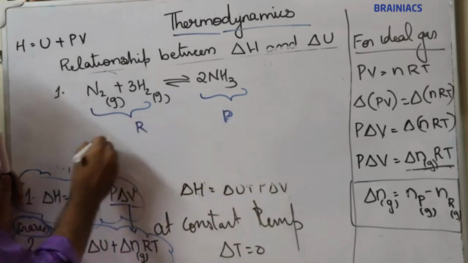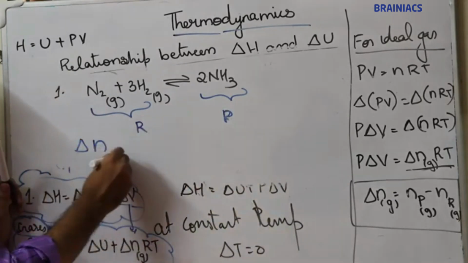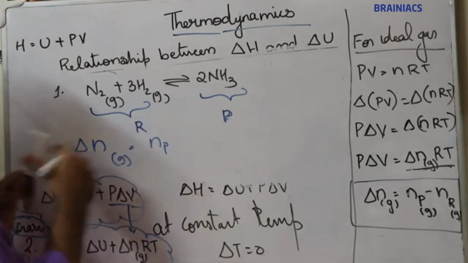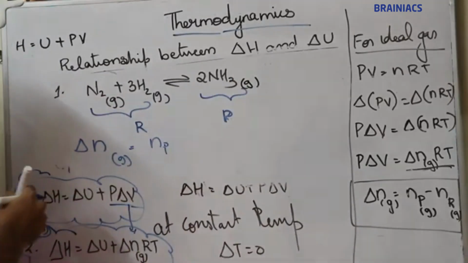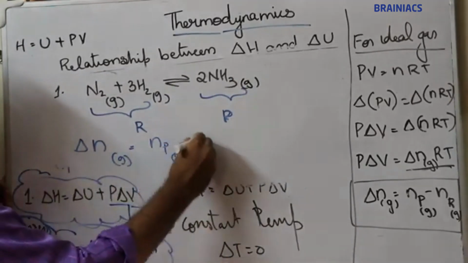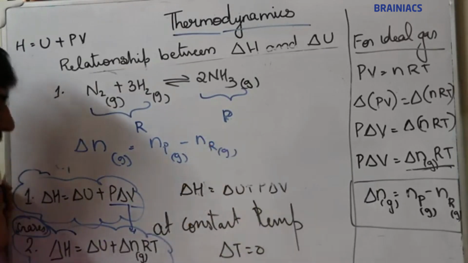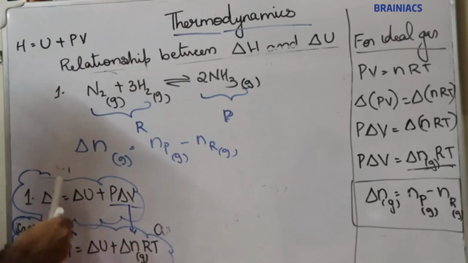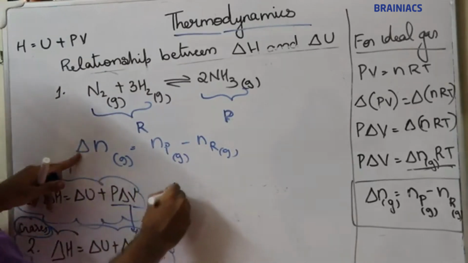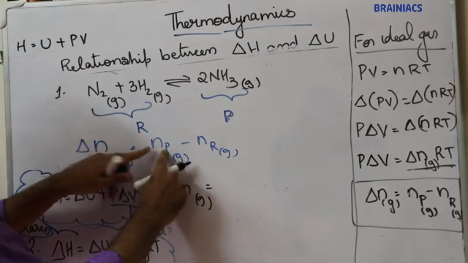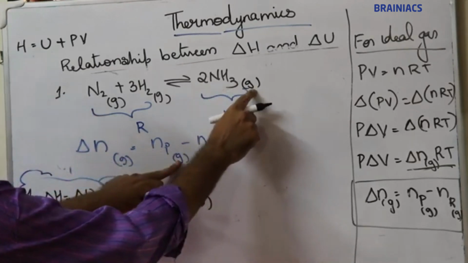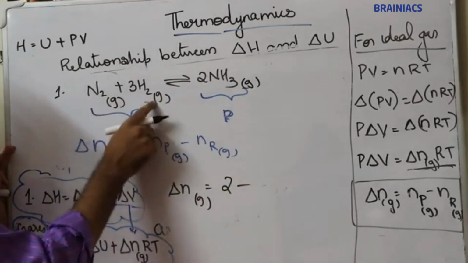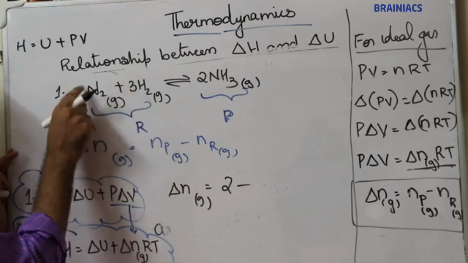So what is delta ng? Number of moles of products in gaseous state; ammonia also exists in gaseous state. Minus the number of moles of reactants in gaseous state. So delta ng is equal to the moles of product, which is 2, minus the reactants, which exist in gaseous state, 3 plus 1, 4.